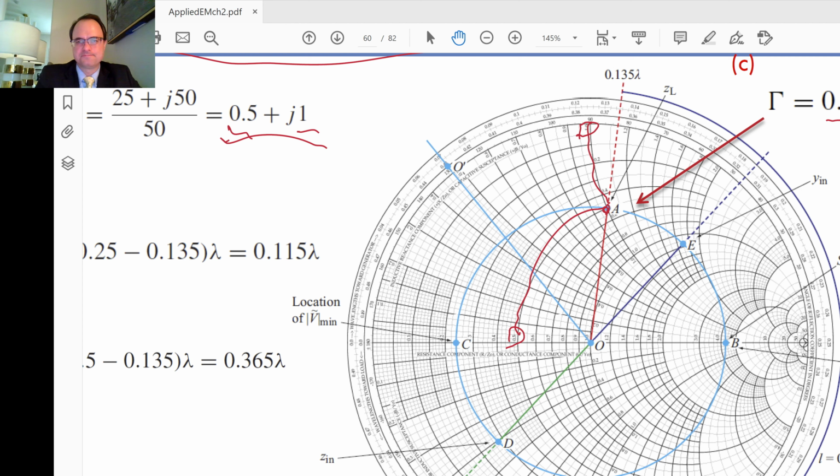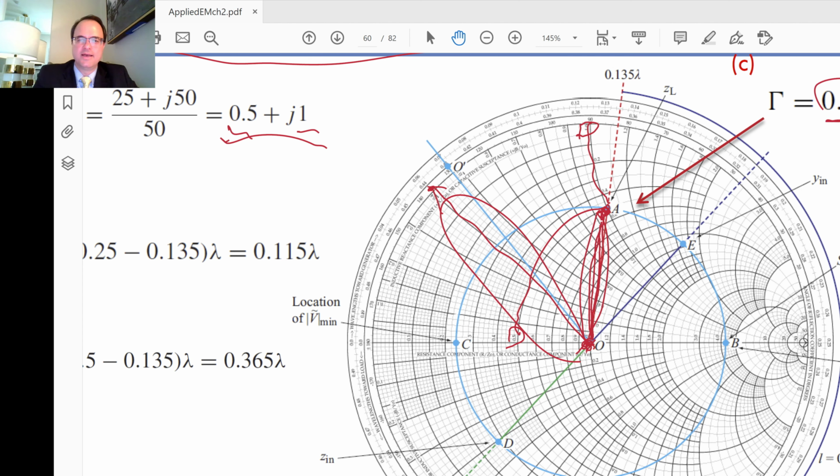They measure this distance, and then this distance, and divide one by the other. In that case you would get 0.62.